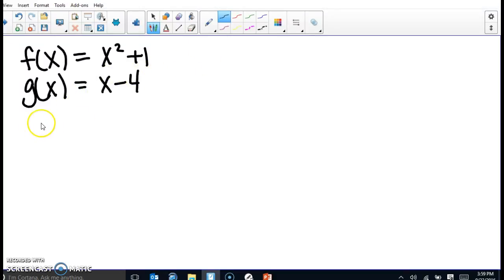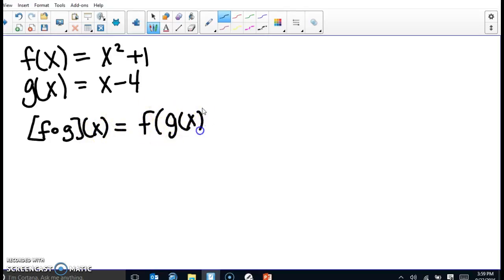And so we're going to start by finding f of g of x. And so I'm going to rewrite it the way that I think it's easier to read. So I'm going to substitute in x minus 4 in for my g of x because that's what g of x equals. So using substitution.